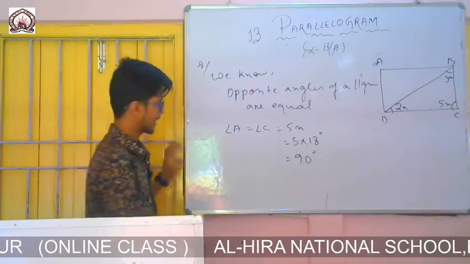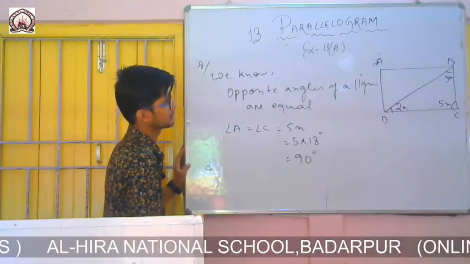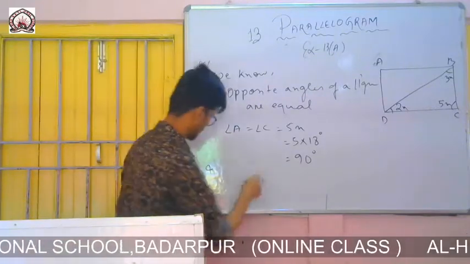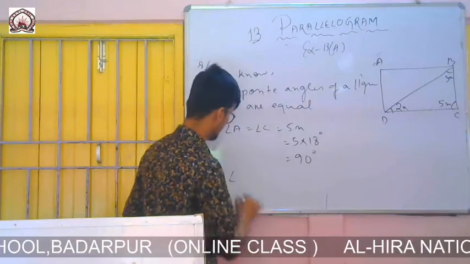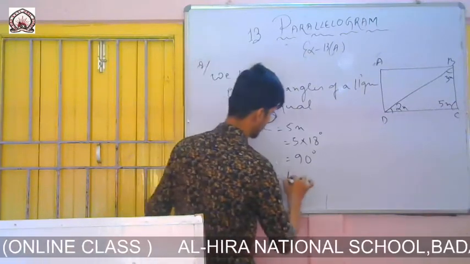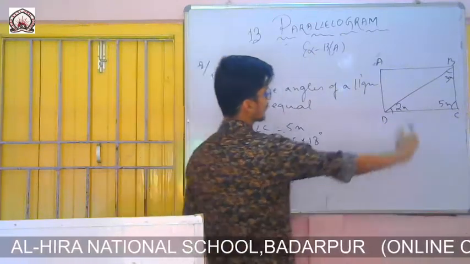Another way you can write it, angle A plus angle D equals 180 degrees. How 180 degrees?